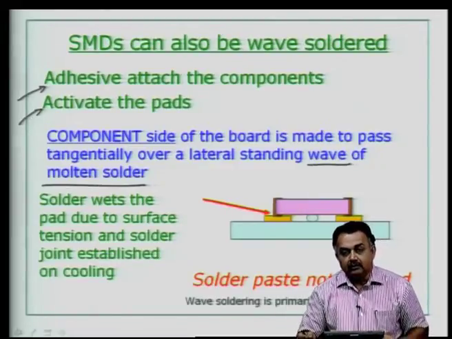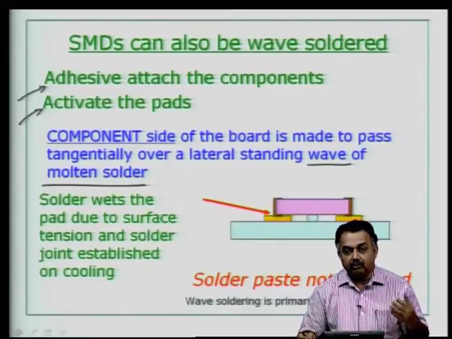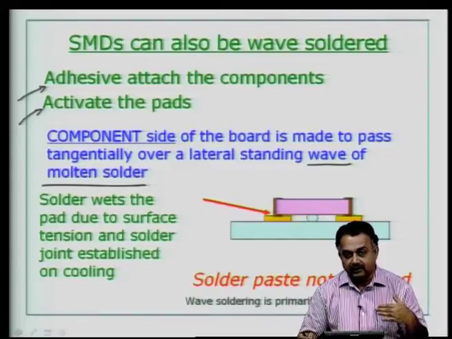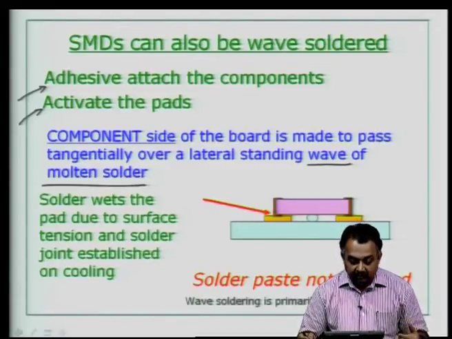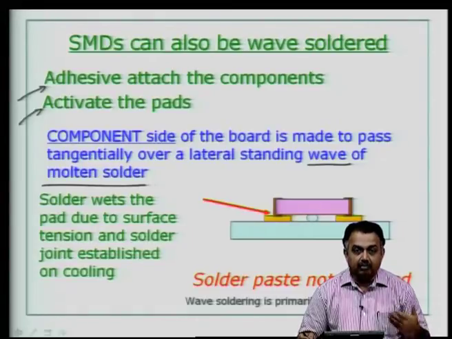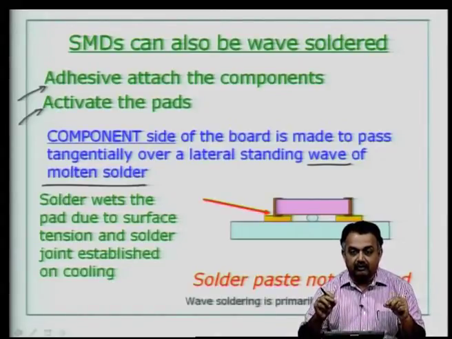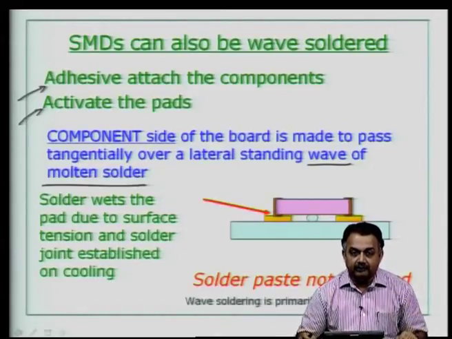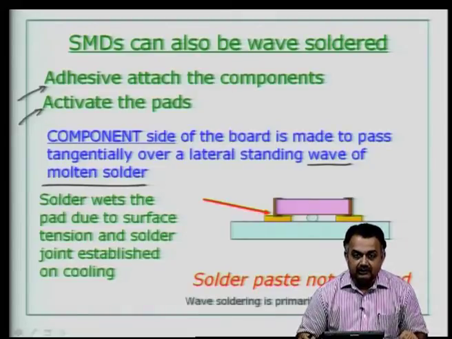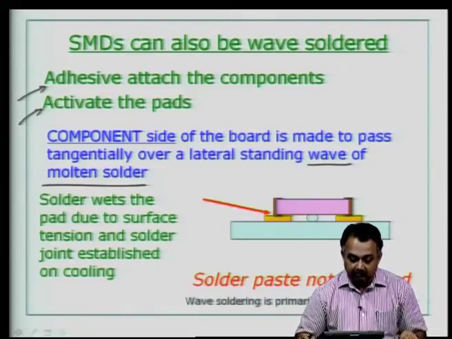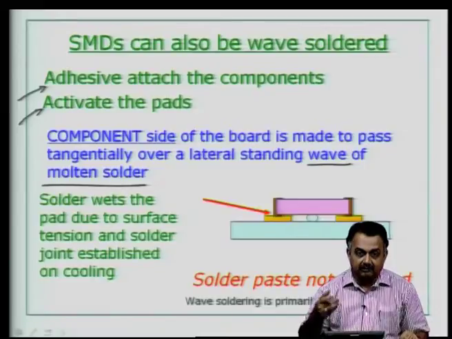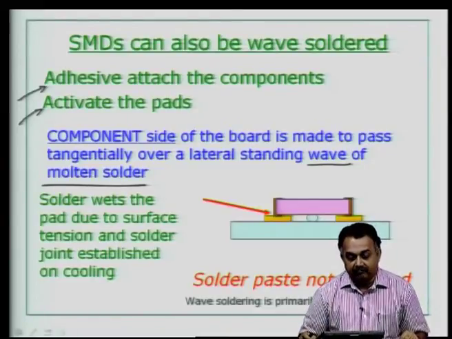Okay. So, in the through hole components, you are having the solder side, that is the pin side, pass through the wave, but in a surface mount device it will be the component side, that is the component has to touch the wave, so that the lateral pins of the capacitors or the resistors or the surface mount pins can pick up solder from the wave.